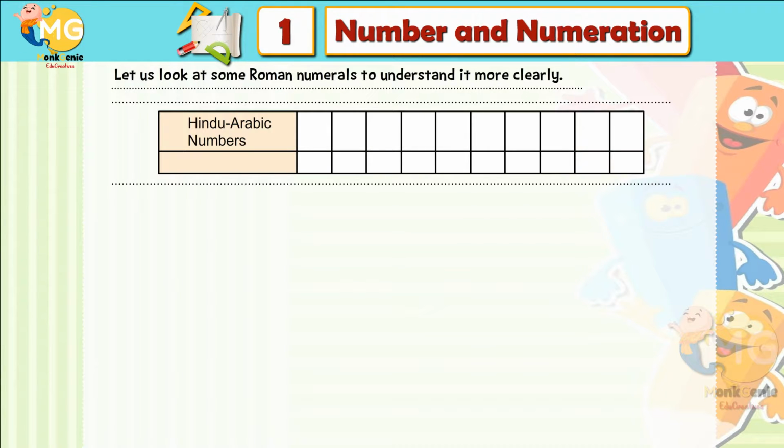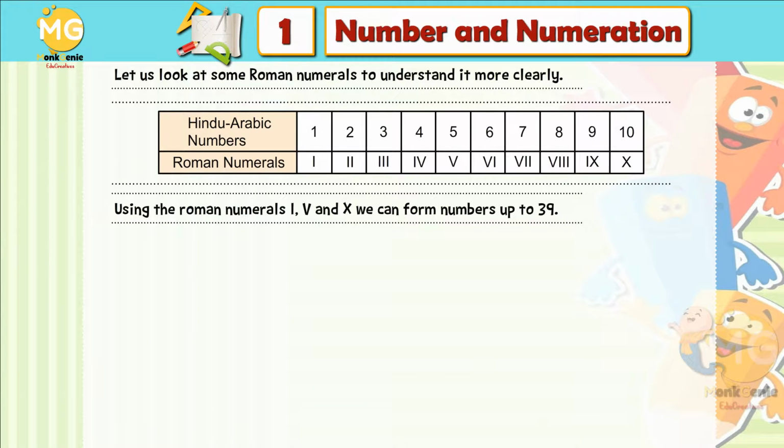Hindu Arabic numbers and Roman numerals: 1, I, 2, II, 3, III, 4, IV, 5, V, 6, VI, 7, VII, 8, VIII, 9, IX, 10, X. Using the Roman numerals I, V and X, we can form numbers up to 39.